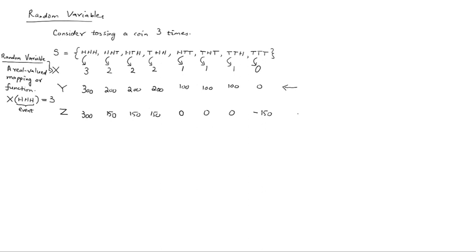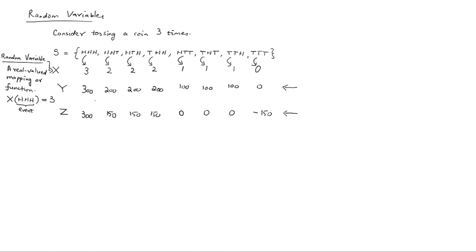And if you're playing the game where for every head you win 100 rupees and for every tail you lose 50 rupees, then you're interested in random variable Z. Notice you won't be as interested in the actual outcome, like 3 heads, 2 heads, tail, head.